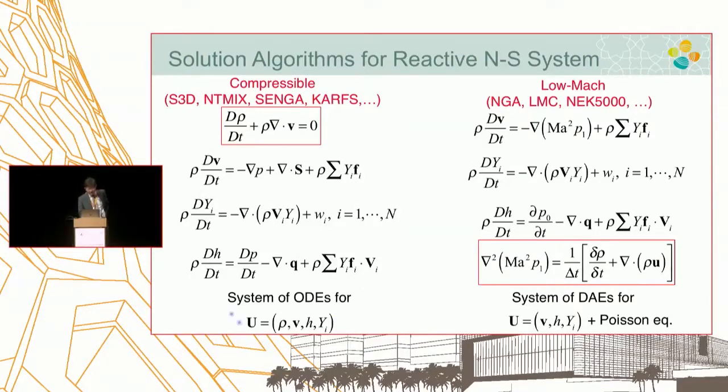These are the two pillars of the current combustion DNS. One is compressible, the other is called Low Mach. These are the common names of the codes, including mine, KAUST. The main difference between the two is the fact that the incompressible flow formulation decouples the thermodynamics.